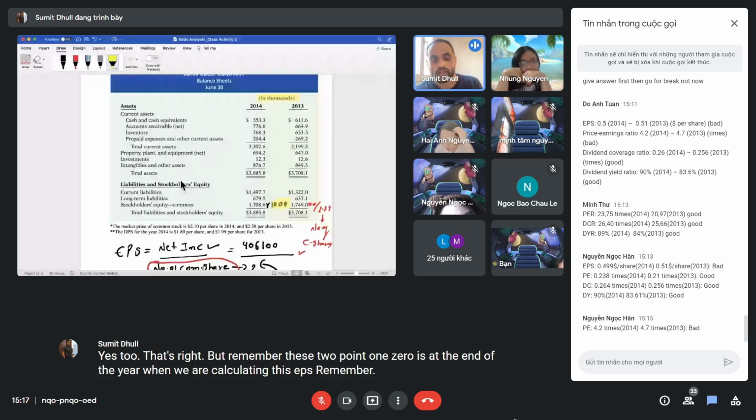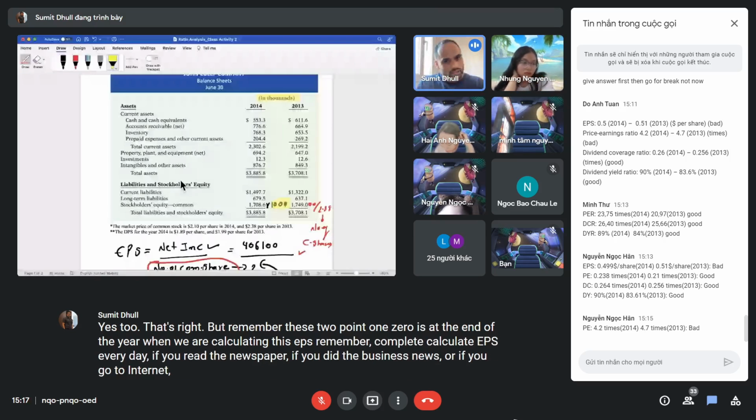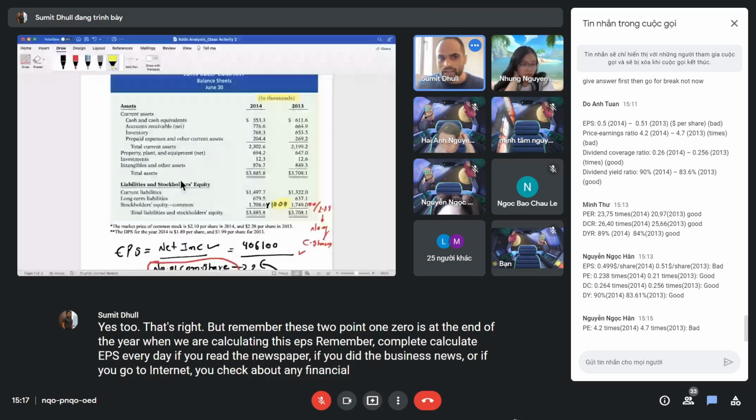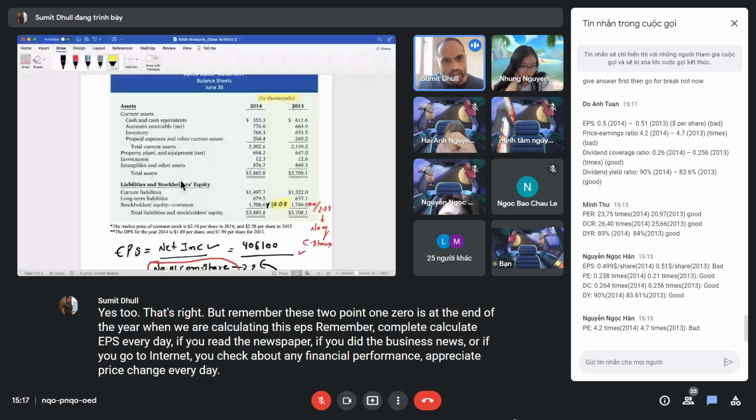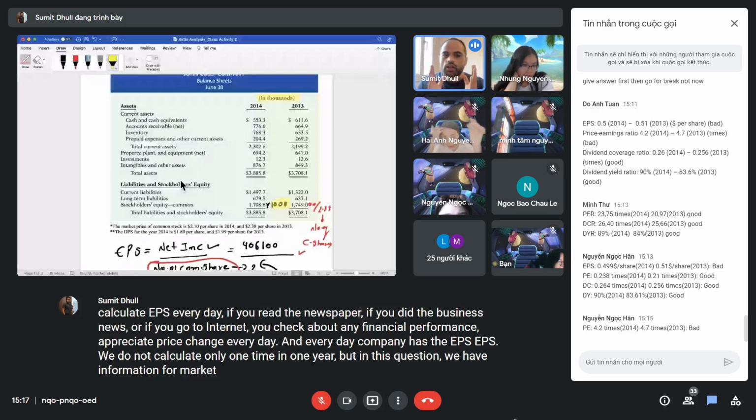Remember, companies calculate EPS every day. If you read the newspaper, the business news, or check the internet for financial performance, company share prices change every day, and every day the company has an EPS. We do not calculate EPS only one time in a year, but in this question we have the market price at the end of the year.